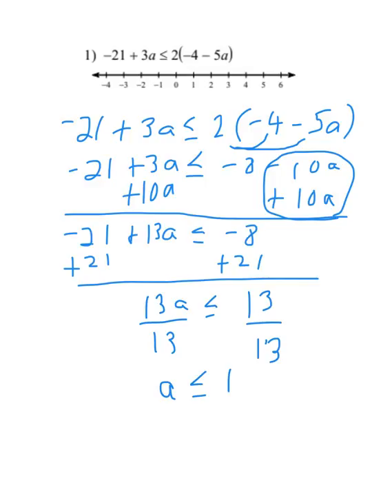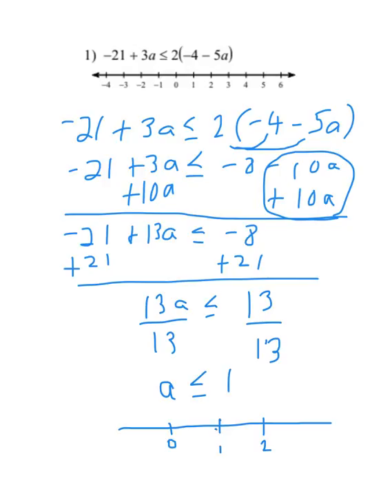Then the way that you graph this is you draw a number line. The number that you see in your final inequality goes in the middle of your number line. And the number 1 is inclusive. Extra mark, extra mark.